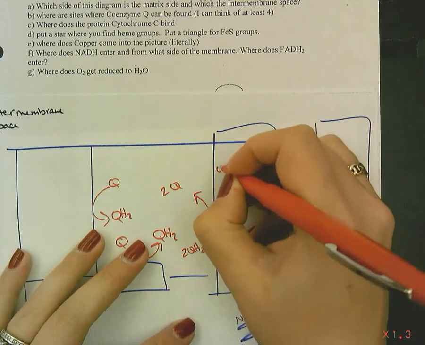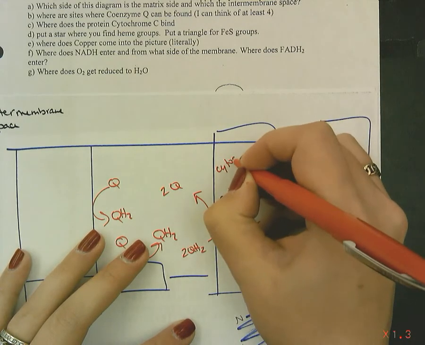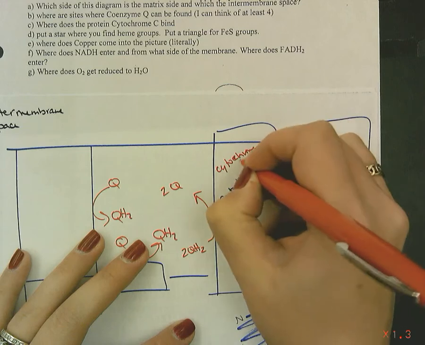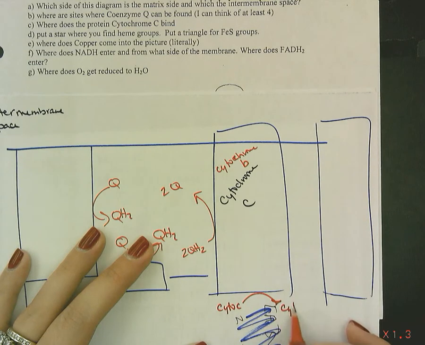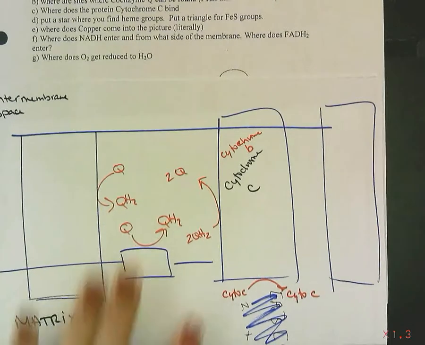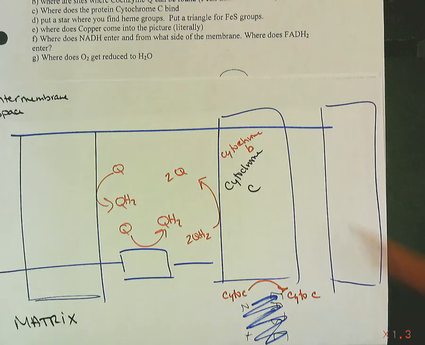a cytochrome B, and then down here we have, all right, as part of this Q cycle, we go from B to C, and there's a C over here on the matrix side. It's a cytochrome C. Right, so there should be cytochrome C, B, and then C down here.